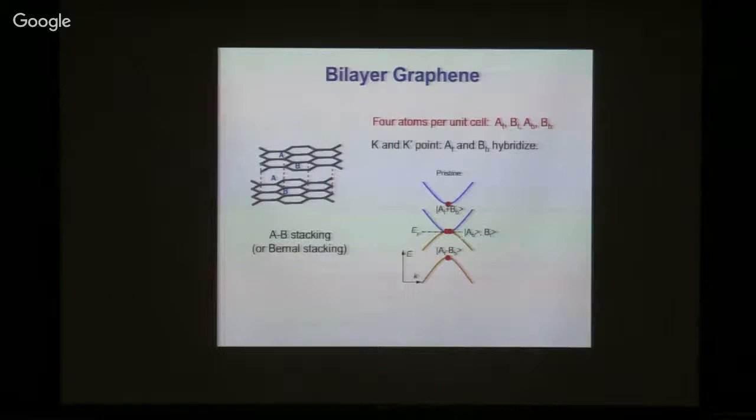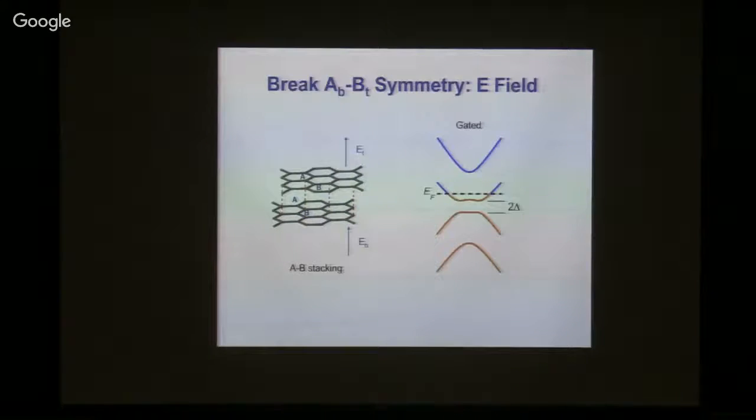However, in bilayer graphene, this becomes very easy to do because now these 2 atoms are sitting on 2 different layers. One can lift the degeneracy simply by applying an electric field vertically. So you can imagine if you apply a vertical electric field, the potential at this point and that point becomes different. So that's a diagonal term with different potential, and it creates basically a finite band gap in this system.